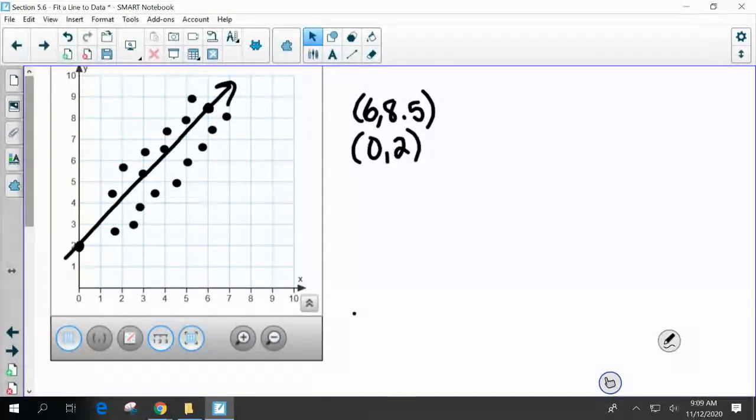So then we need to find the slope between them. m equals 8.5 minus 2 over 6 minus 0.